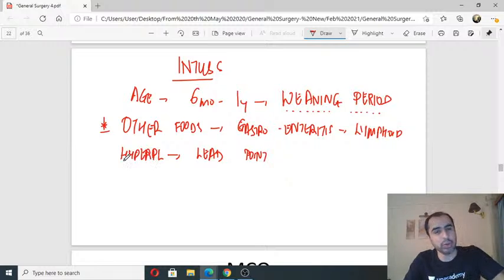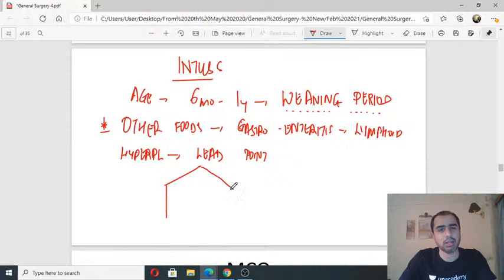Now, I only want to ask one clinical question. The child will present with a lump like this. Okay, paraumbilical, sausage-shaped lump. What happens in the right iliac fossa?